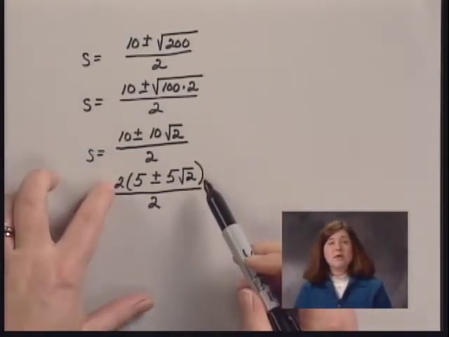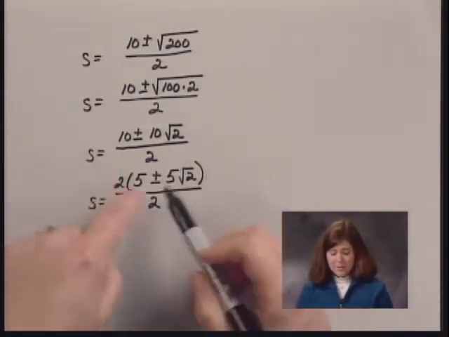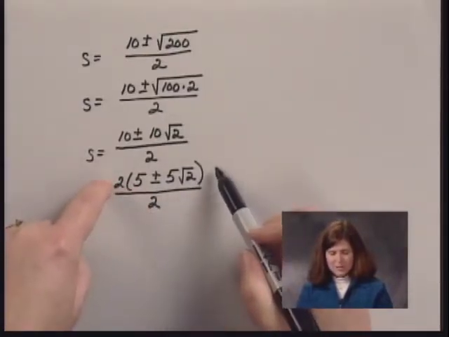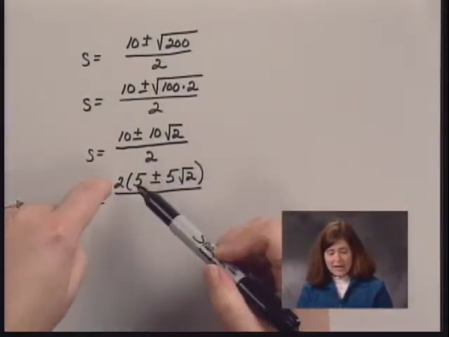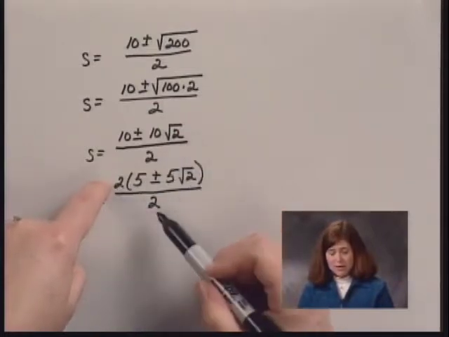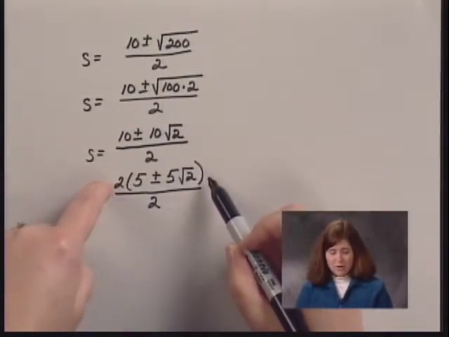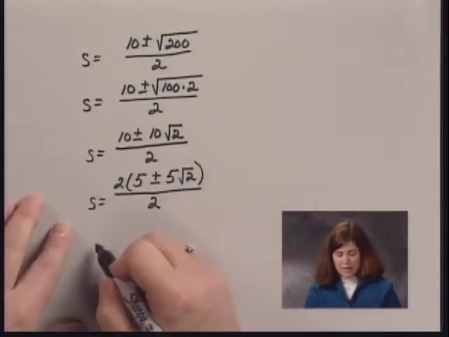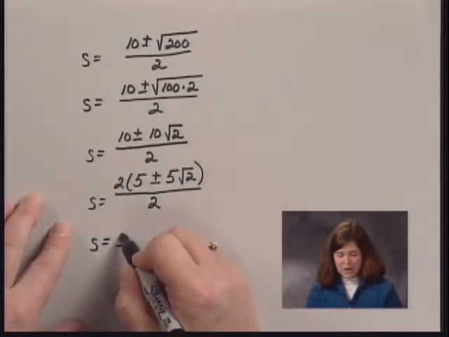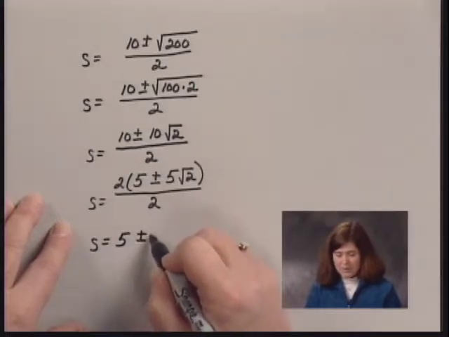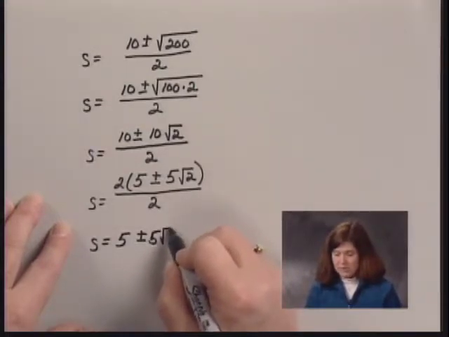And now since the numerator, the top expression, is factored, I can cancel factors of 2 in the numerator and 2 in the denominator. Don't attempt to do this until you can factor the numerator. 2 over 2 is 1, so I have s equals 5 plus or minus 5 times the square root of 2.